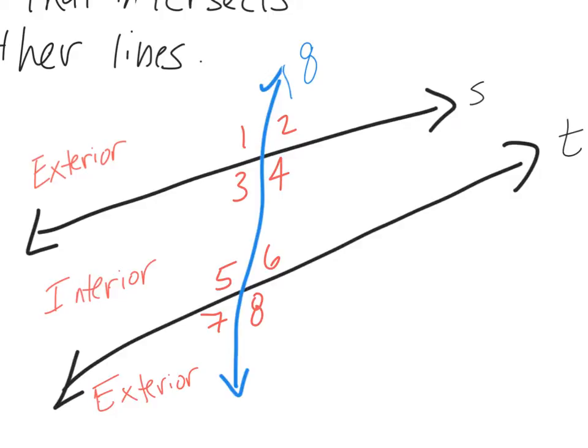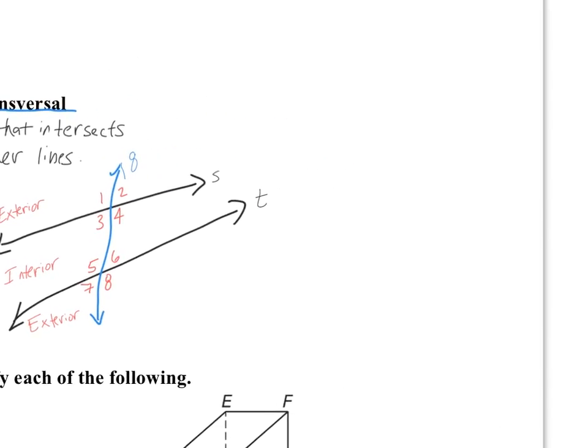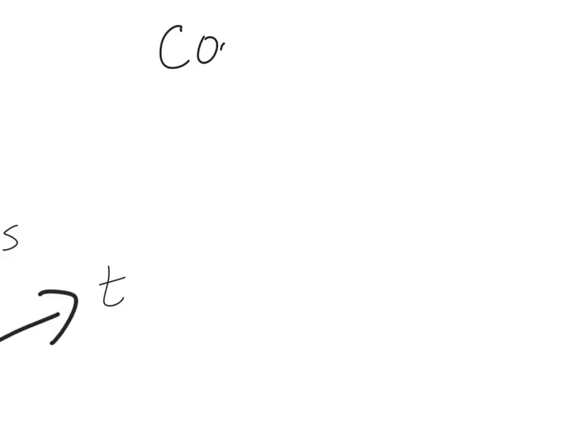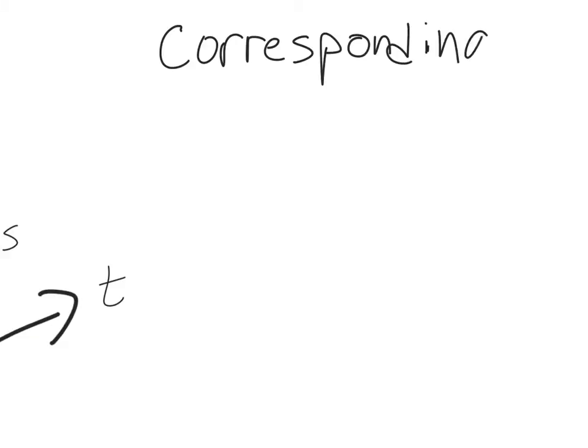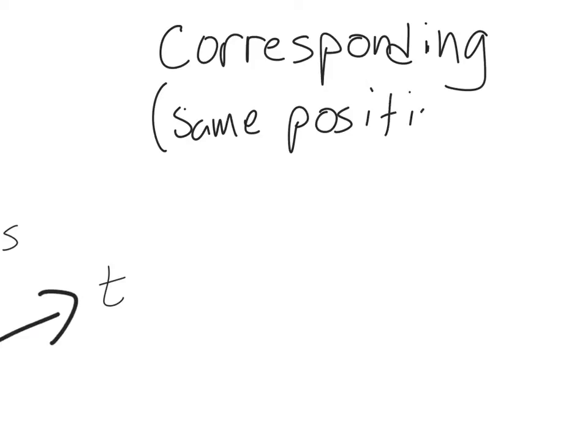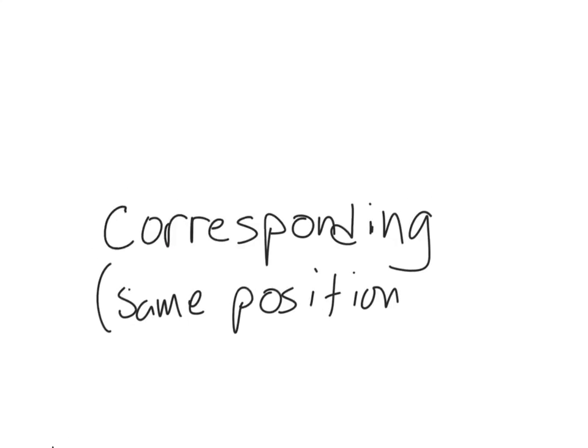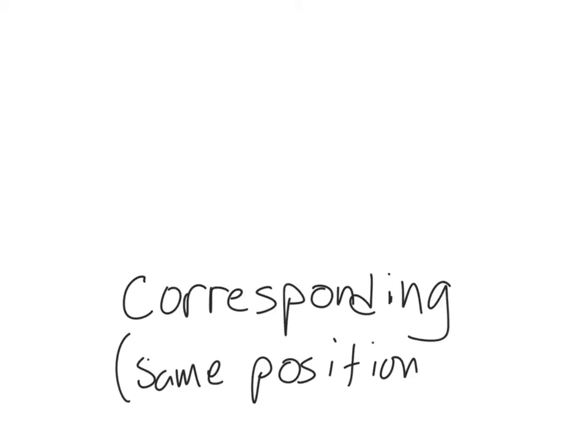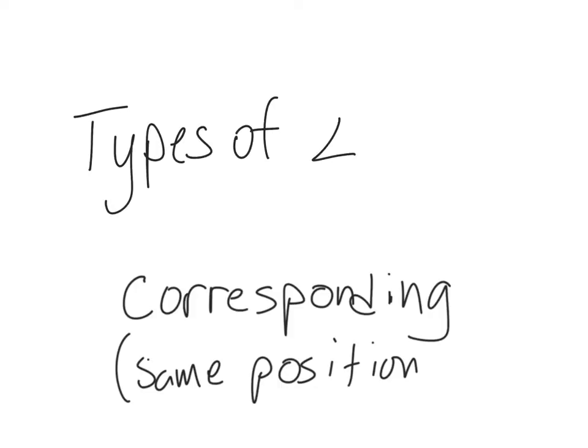And we've got some interesting things happening around these angles, okay? We've got this type of angles that we get. Let me see where I've got some room here. Okay, before I write corresponding, I'm going to write the words types of angle pairs.